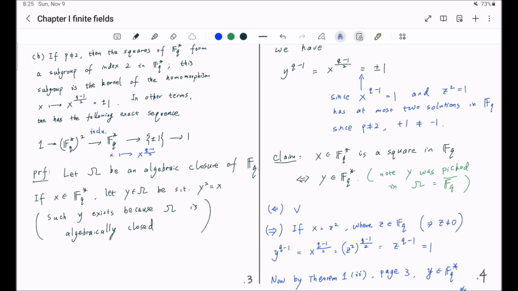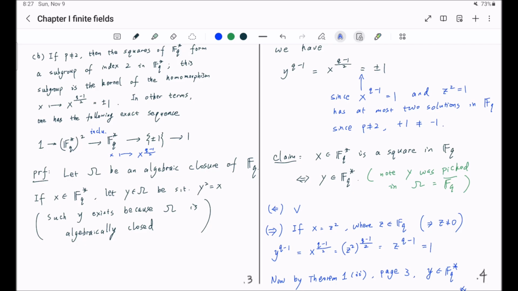And this happens, meaning x to the (q minus 1) divided by 2 is equal to plus 1, by our proof here, if and only if that y is in Fq star. And that in turn is equivalent to that x is a square in Fq.